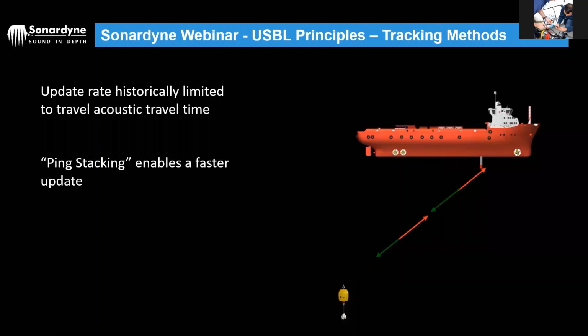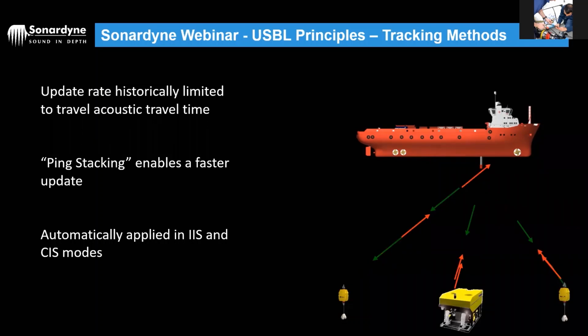We use something called ping stacking. So the system, you can dial in whatever update rate you want out of the system, and the system will automatically apply ping stacking, which is sending interrogations before we heard the previous response. So once we've got a good fix on that, it starts to basically juggle the interrogations by opening and closing range gates in the transceiver to look out for those responses at the right time. And this can be done for multiple targets.